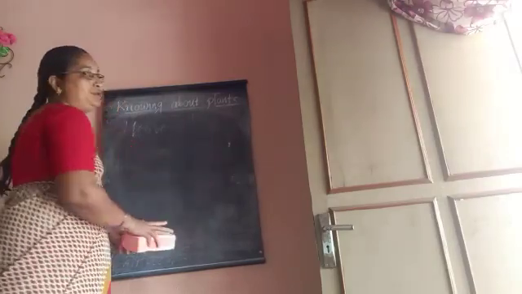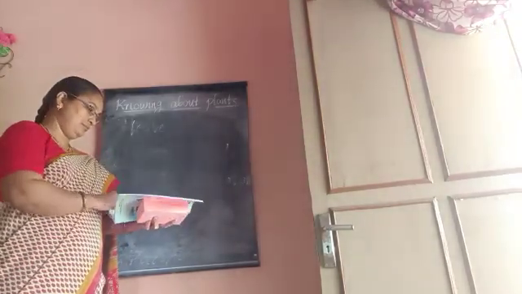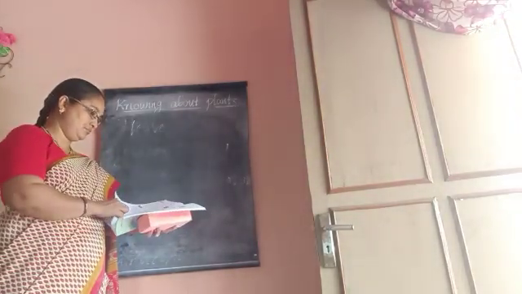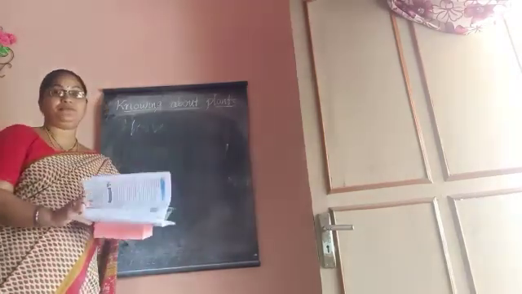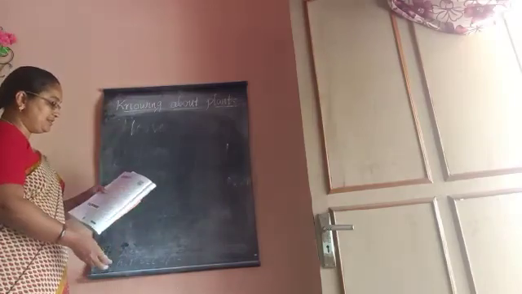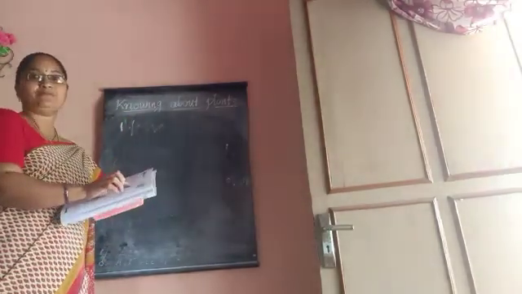Now open your textbook. In the textbook we can see some bits and match the following. Open page number 42. Taproot system, fill in the blanks. Taproot system is present in dash plants.